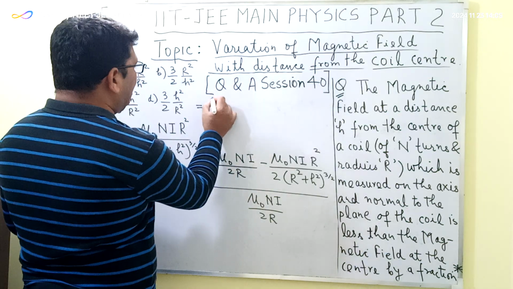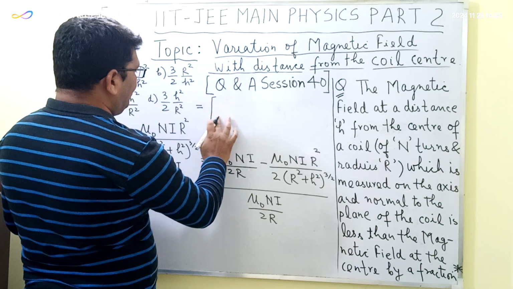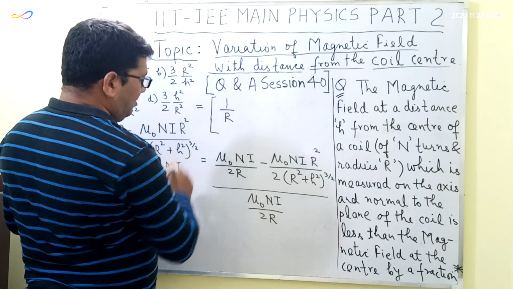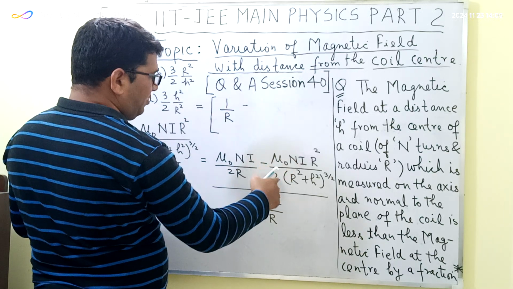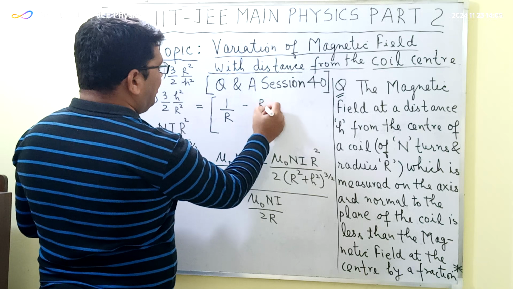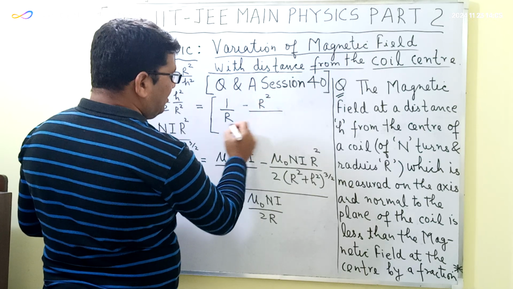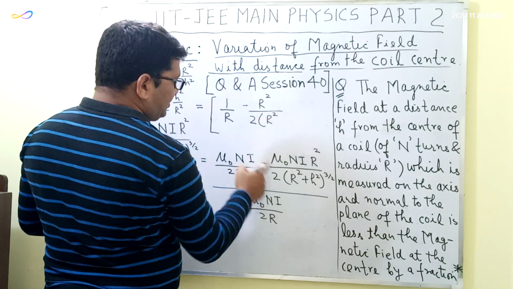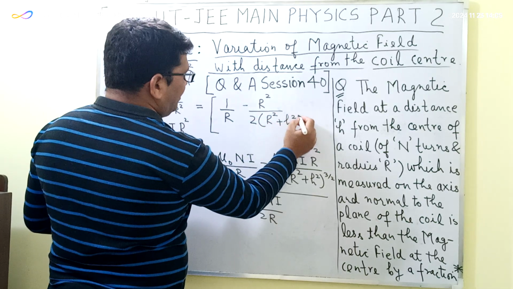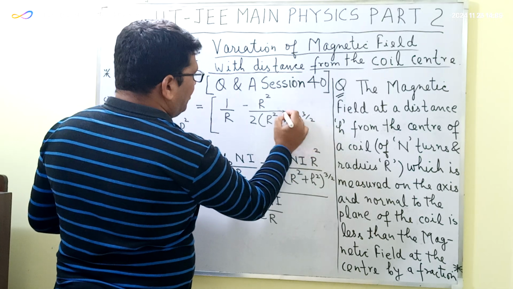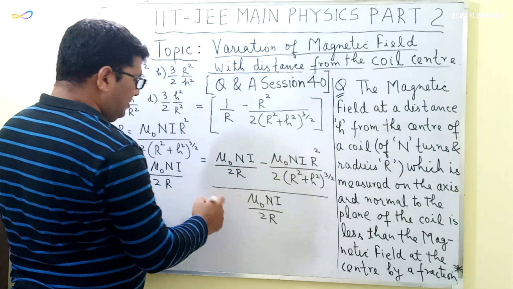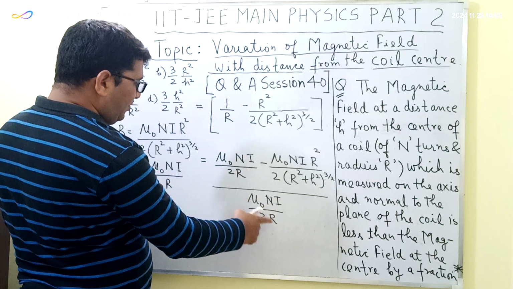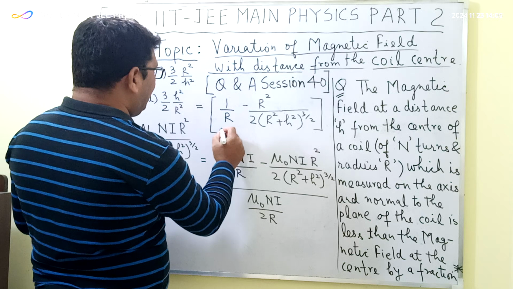So I will be getting this value as 1 by r minus r square divided by r square plus h square to the power 3 by 2, and this will be divided by mu naught N I upon r, which was taken as common, divided by 2.